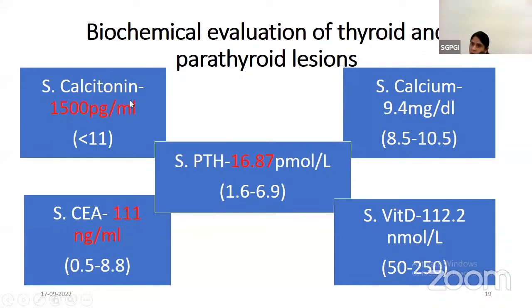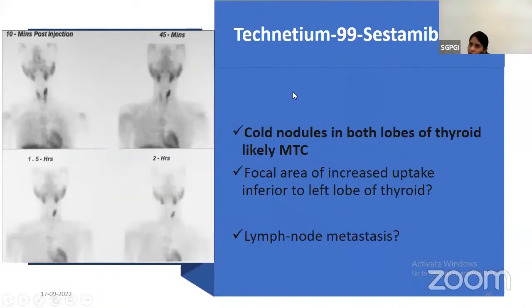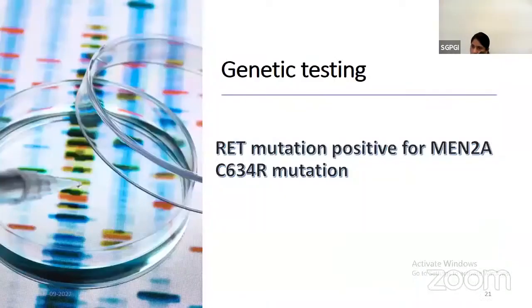The biochemical parameters were significantly raised: calcitonin, serum parathyroid hormone, and CA also raised significantly. However, serum calcium and vitamin D were within normal limits. Technetium 99 also showed cold nodules in both lobes of the thyroid, likely medullary thyroid carcinoma.